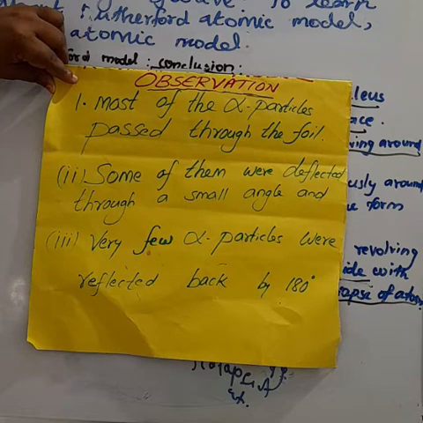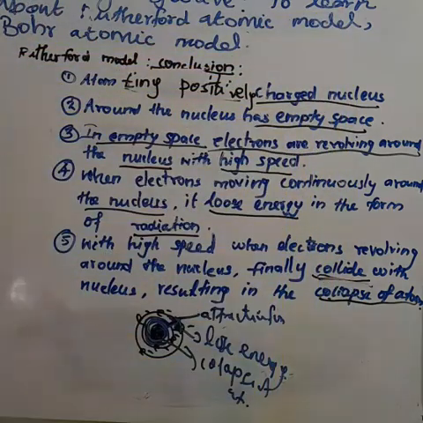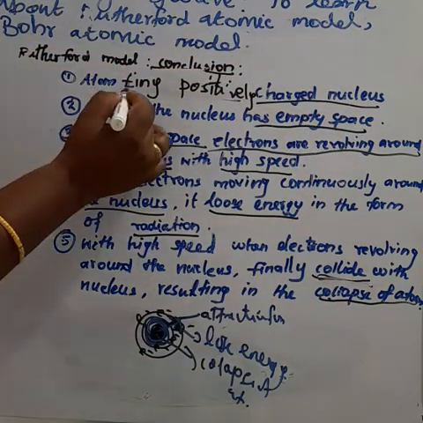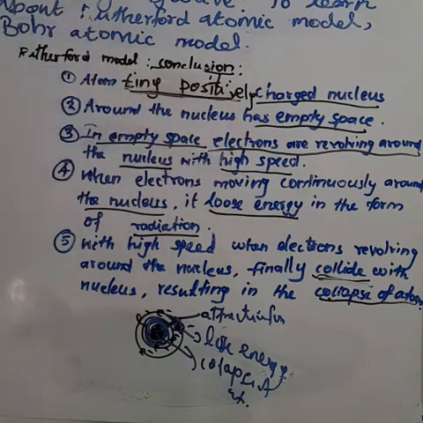What conclusions did he find? The atom has a tiny positively charged nucleus, and only then are the alpha particles reflected back. Secondly, around the nucleus there is empty space, and because of the empty space, the alpha particles move fast. Third, the electrons are revolving around the nucleus with high speed.